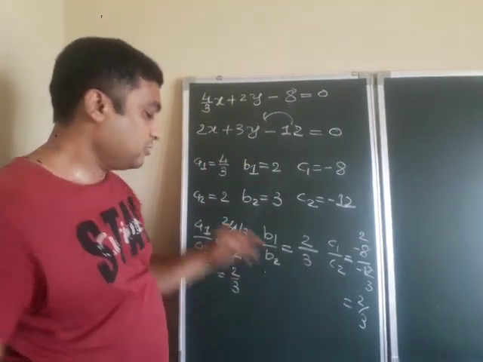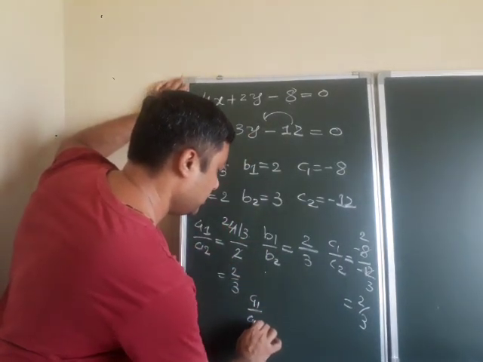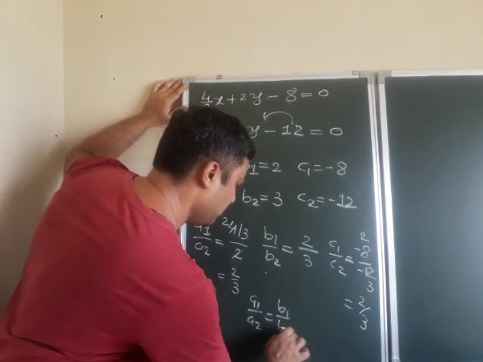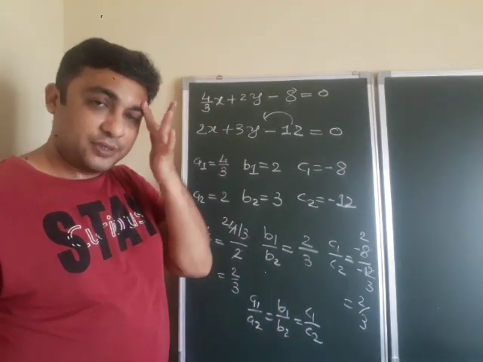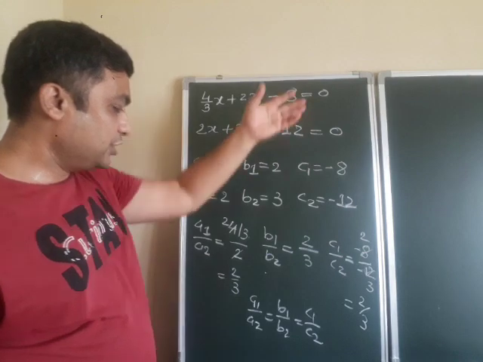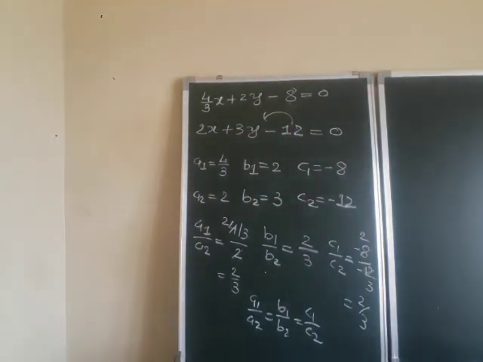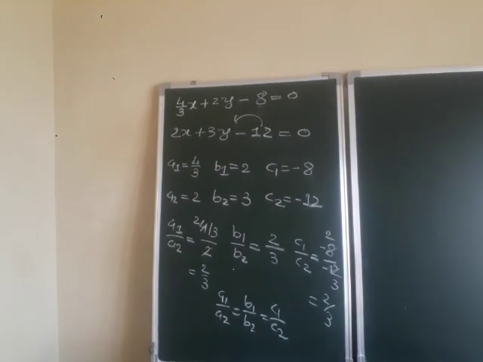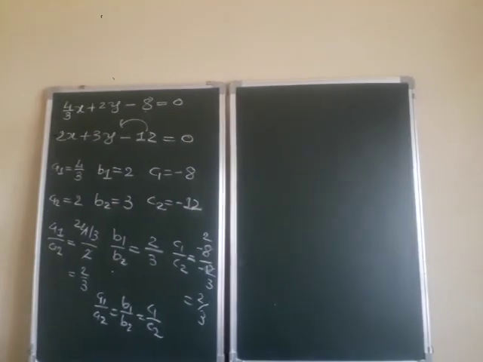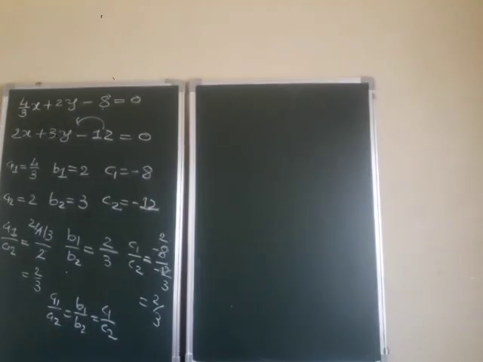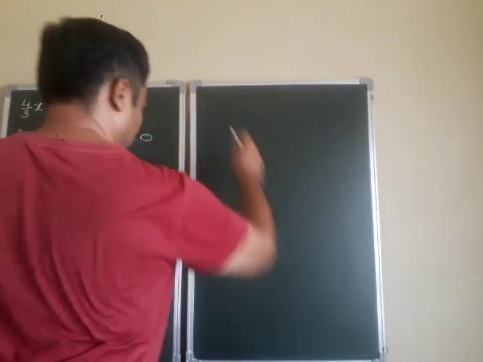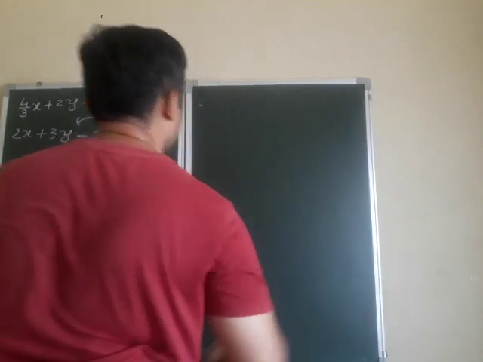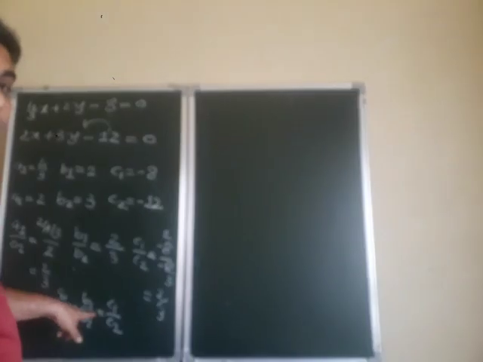So all three ratios are equal at a time. So I can say that a1 upon a2 is equal to b1 upon b2 is equal to c1 upon c2. All three ratios are equal. So what happens? The lines are coincident. Fine. See on the board, we just write the process. Here all three ratios are equal, so therefore the lines are coincident.